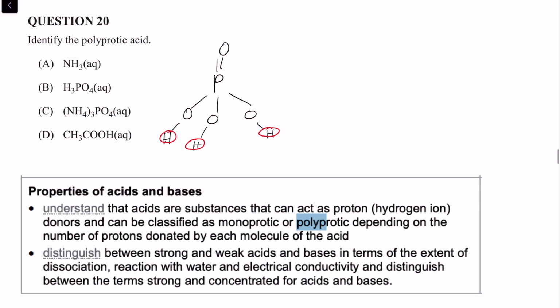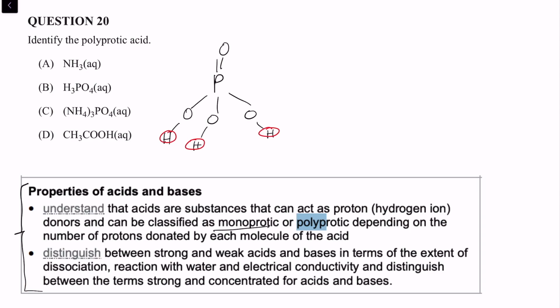Essentially, in the 2019 syllabus, one of our dot points is to understand that acids are substances that can act as proton or hydrogen ion donors and can be classified as monoprotic or polyprotic.